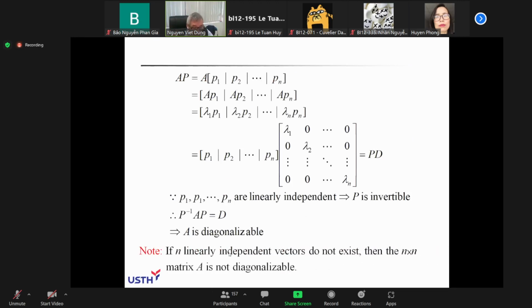In the last case, there is one thing I forgot to write here: the word eigenvector. If we cannot find n linearly independent eigenvectors, then the matrix A is not diagonalizable.